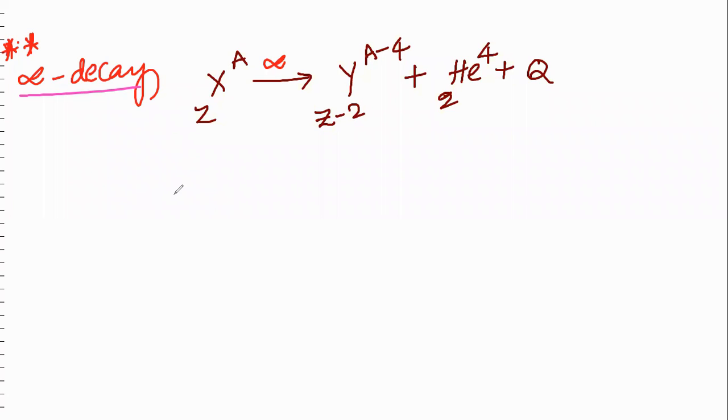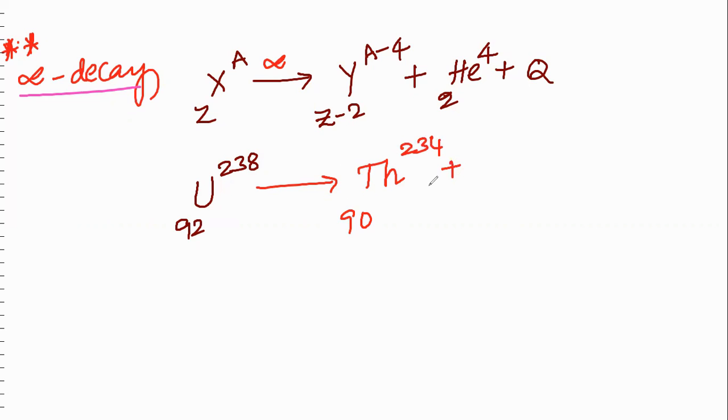This is alpha decay. For example, if you take uranium 92, 238, it gives rise to thorium 90, 234, plus helium-4, and along with that heat energy Q is released.